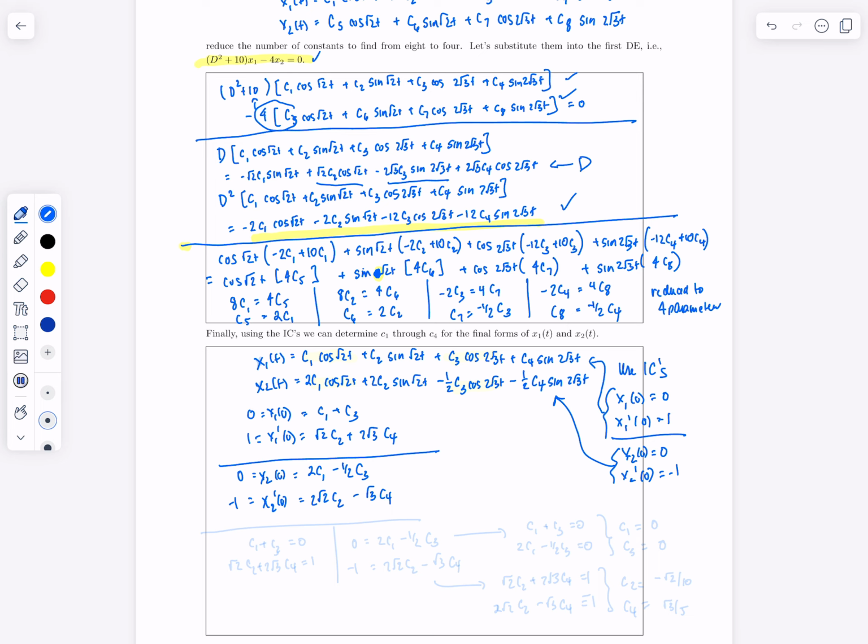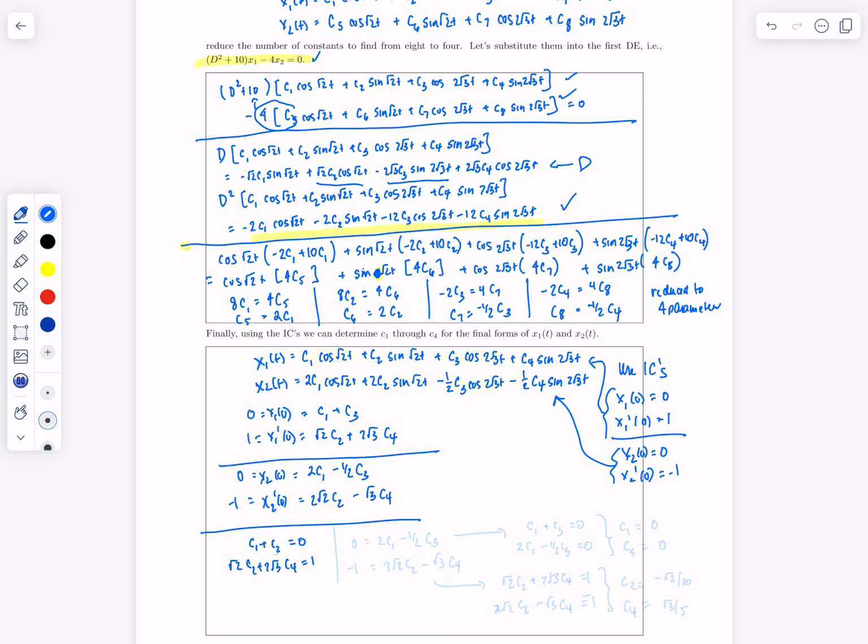One of them is c1 plus c3 equals 0, and square root of 2 c2 plus 2 on the square root of 3, c4 is equal to 1, but we want to describe that, right, in terms of 2 equations, right, in the same variables, right?